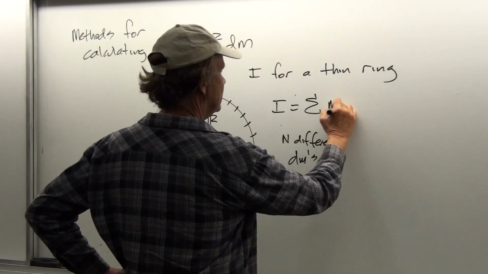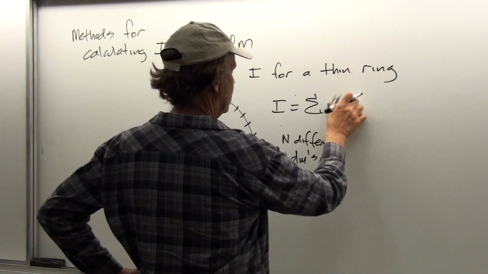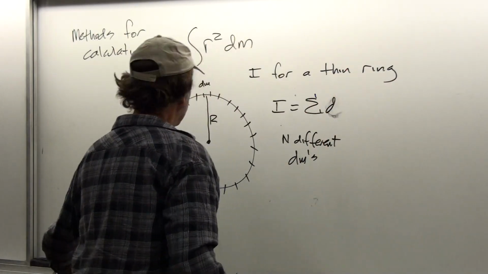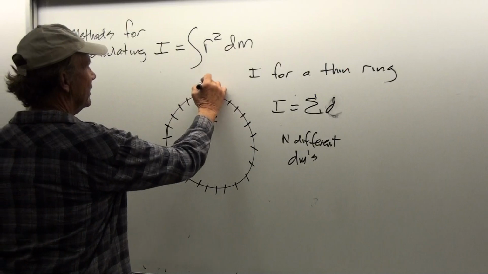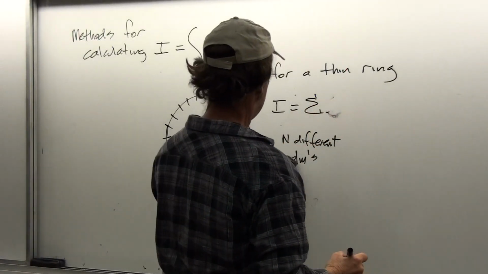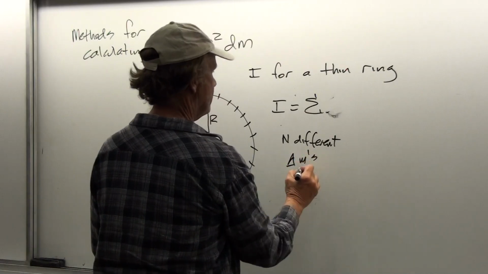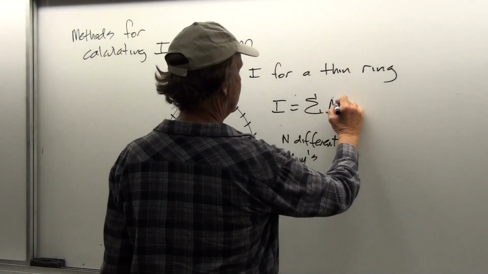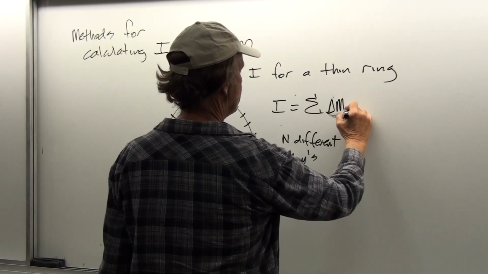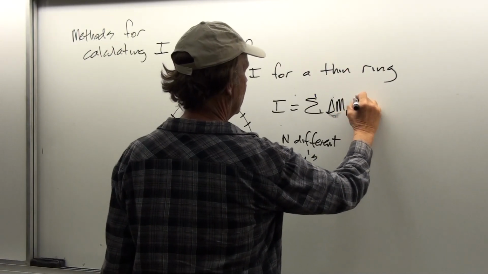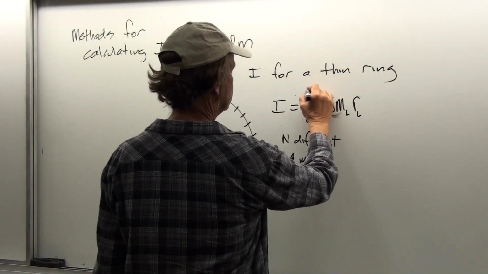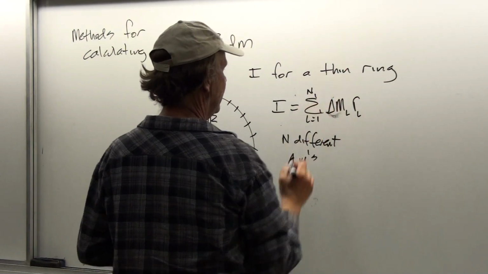And this would be d, or we could call this delta m instead of dm, because it's not really an infinitesimal amount of mass. Then this would be the sum of delta m sub i, r sub i squared, from i equals 1 to n.